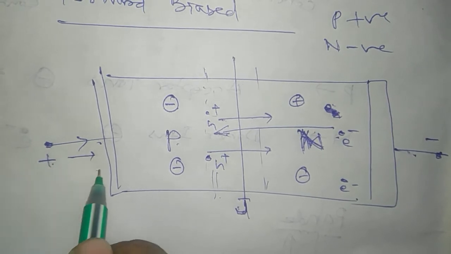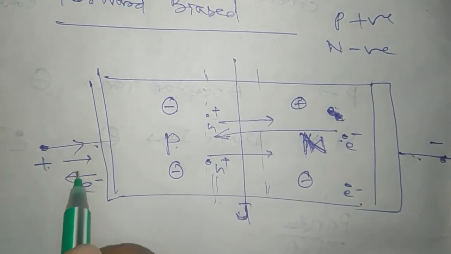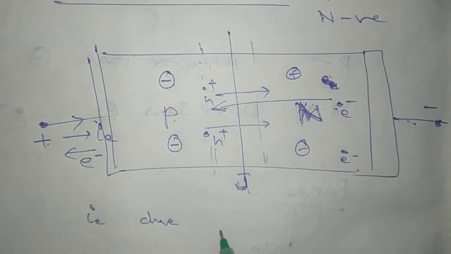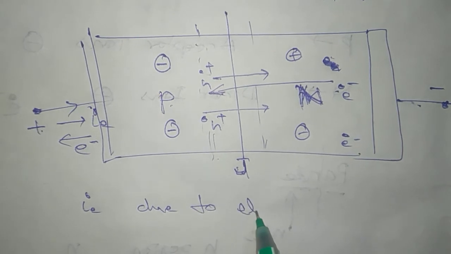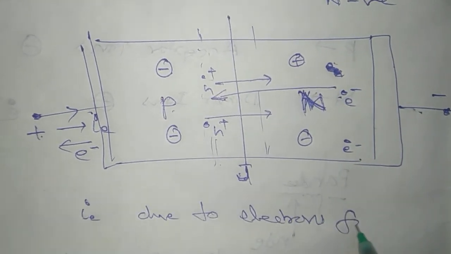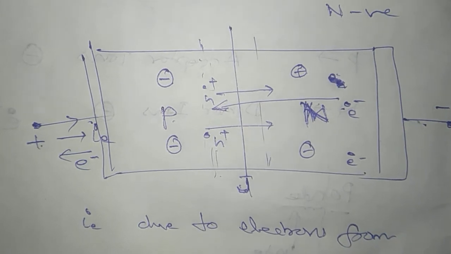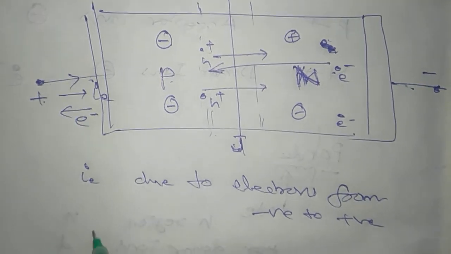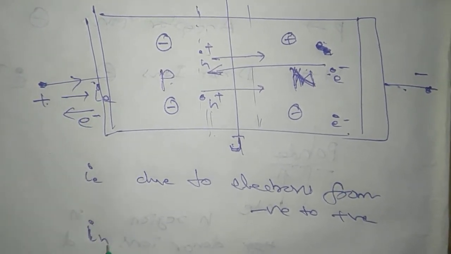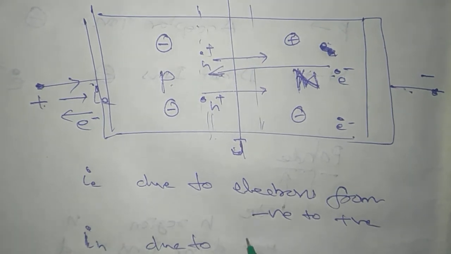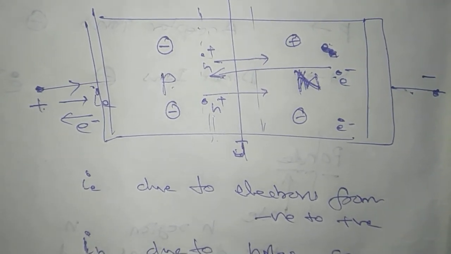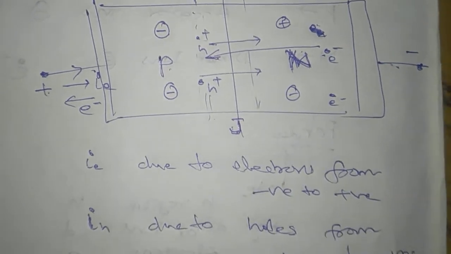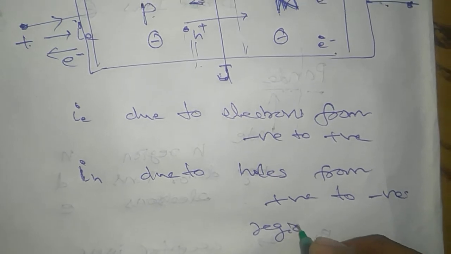due to electrons traveling in this direction, IE, due to electrons from the negative to the positive region, and IH due to holes from the positive to the negative region.